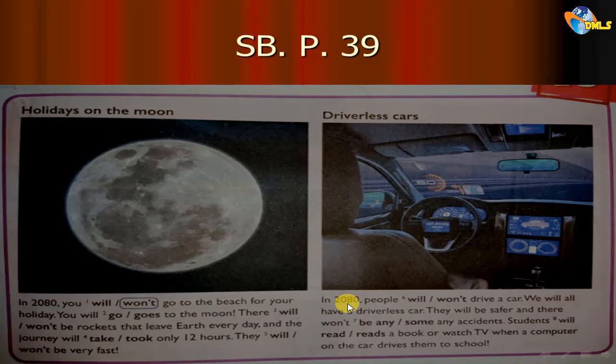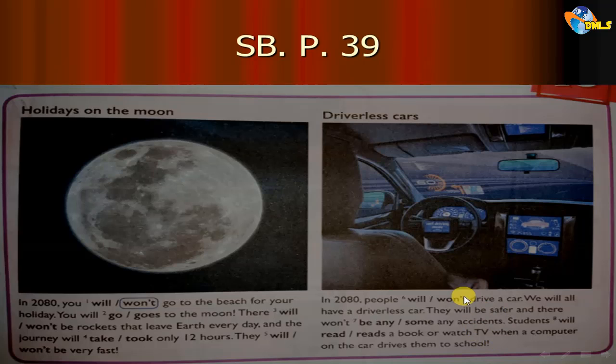Driverless cars. In 2080, people won't want to drive a car. We will all have a driverless car. They will be safer and there won't be any accidents. The students will read a book or watch television when a computer in the car drives them to school.